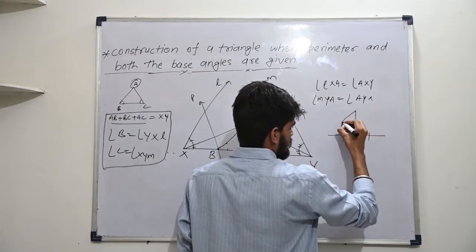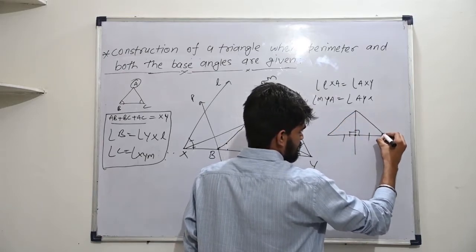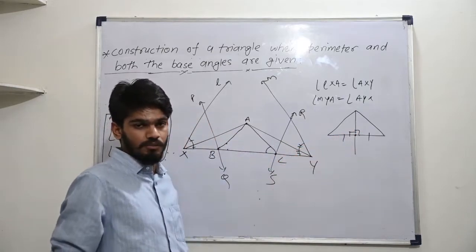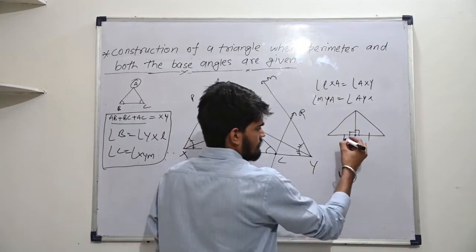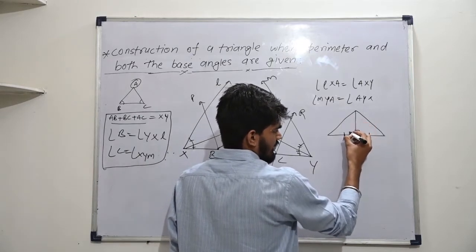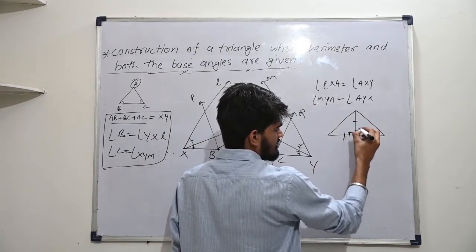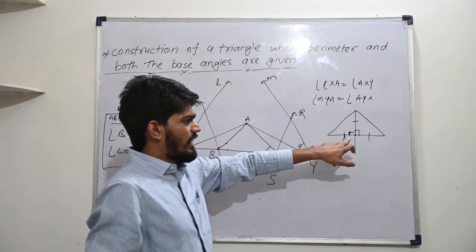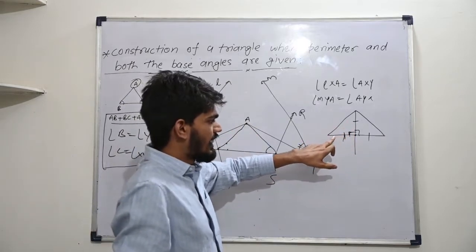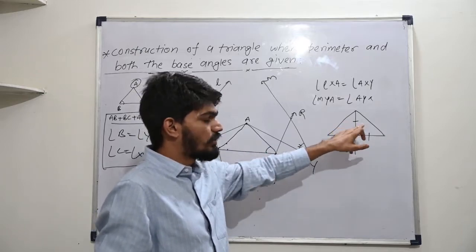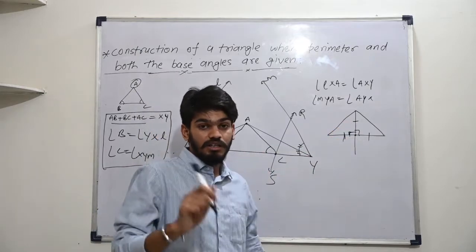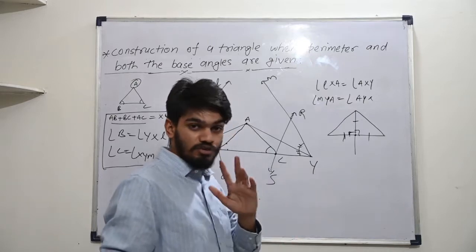If I join this point with the other 2 points, then in this triangle and in this triangle, the side, this angle and this side are common. With the help of SAS, I can say these two triangles are congruent to each other. Then all the remaining corresponding parts will also be equal.